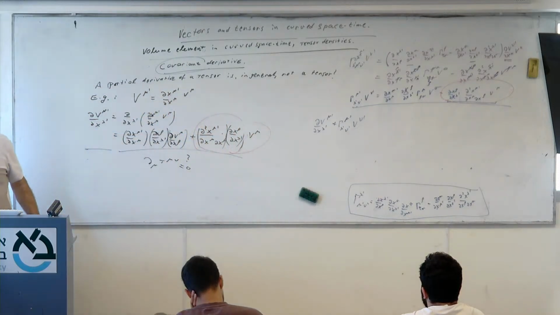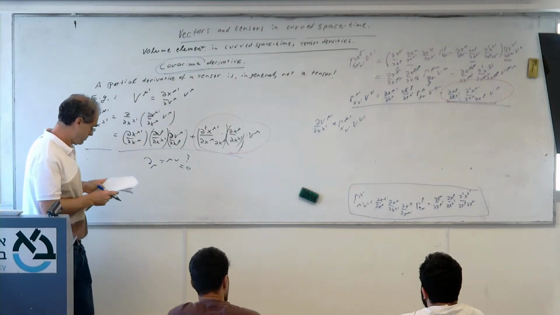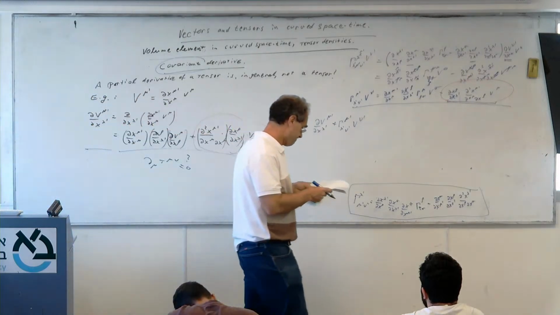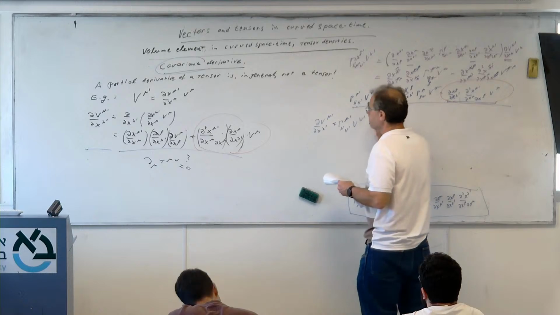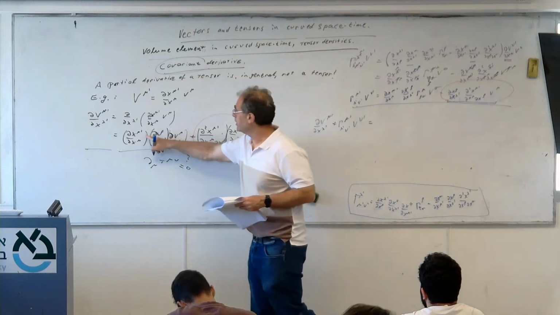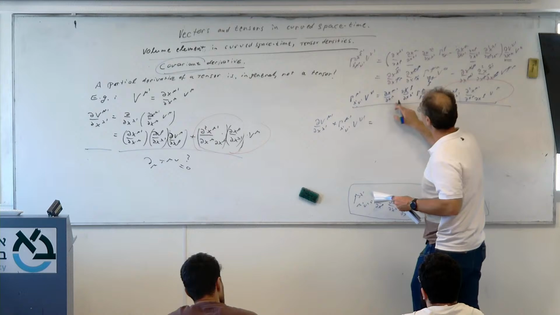So what we have is dx mu prime over dx mu, which we also have here, right?